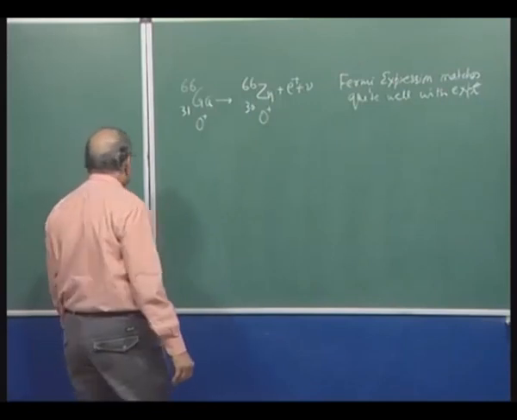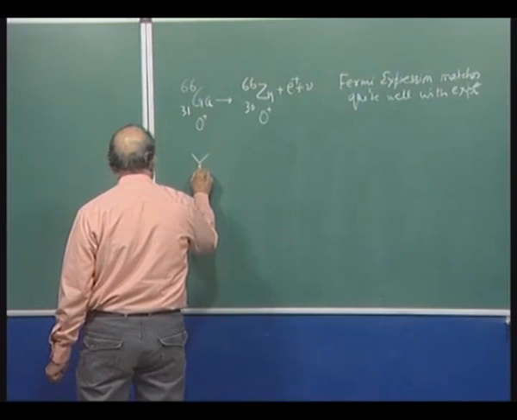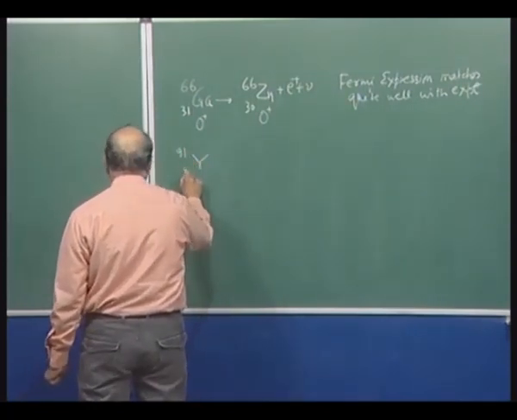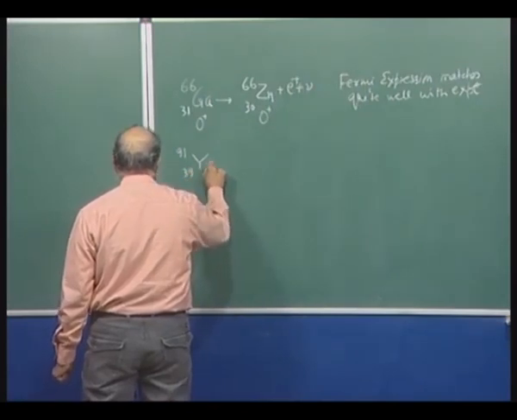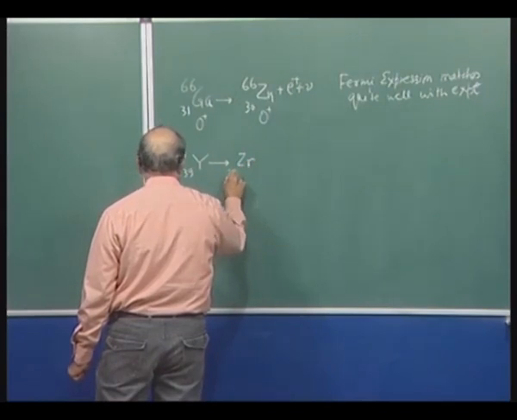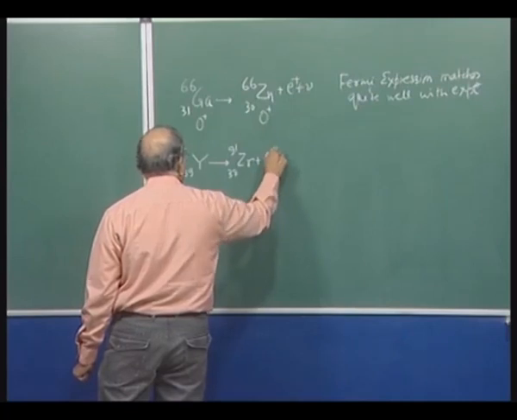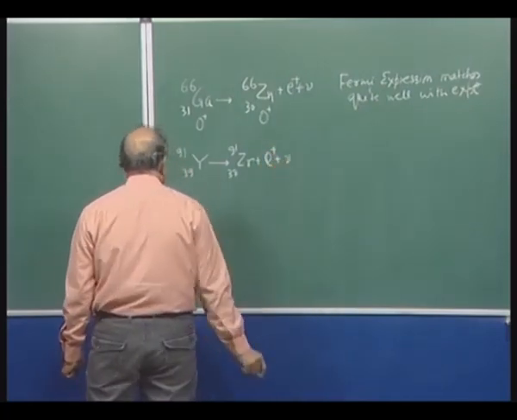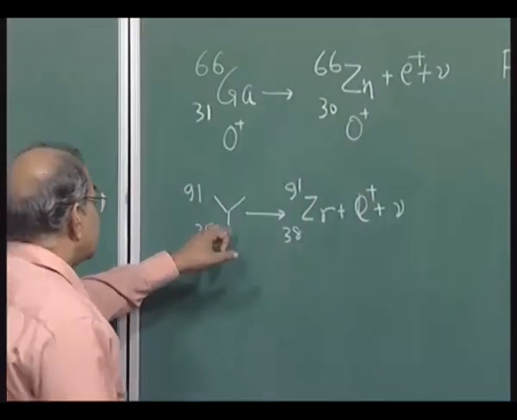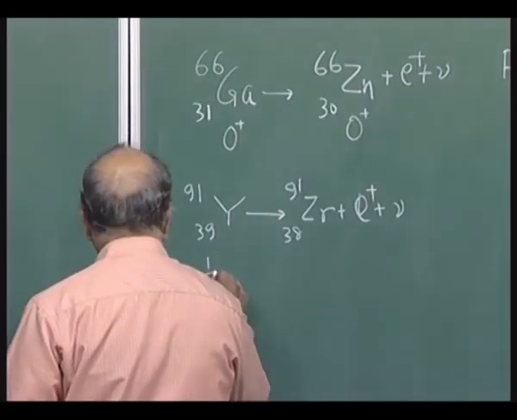The second curve that I showed where it did not agree well was yttrium 91 here and 39 here proton number, and this decays to zirconium 91 with proton number 40, and here also you will have positron and neutrino. Now, the spin parity of this parent nucleus yttrium 91 is half minus.